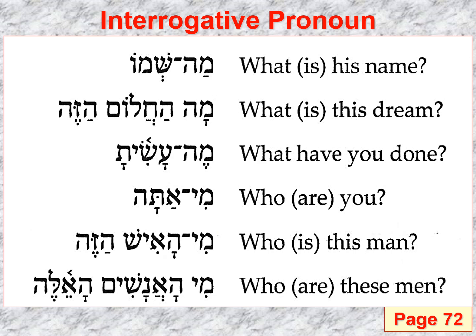So ma hachalom, ma hachalom, and then we have a near demonstrative functioning like an adjective because it agrees in grammatical gender, masculine, number, singular, definite, yes, because it has the hey with the patak and the dagesh forte in the next consonant, and it's following.